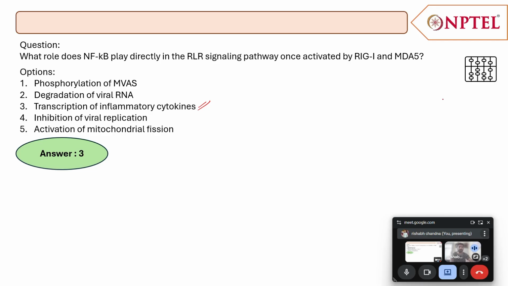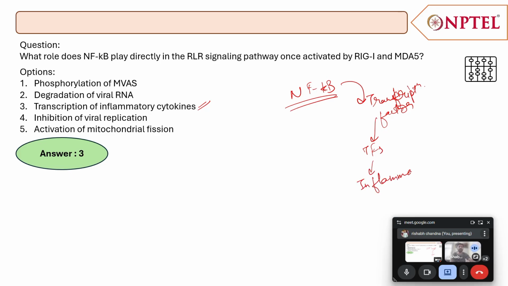Okay, so what happens is NF-kappa B is basically a transcription factor that activates other transcription factors that lead to the release of the inflammatory cytokines. Okay, so this is how the NF-kappa B works.